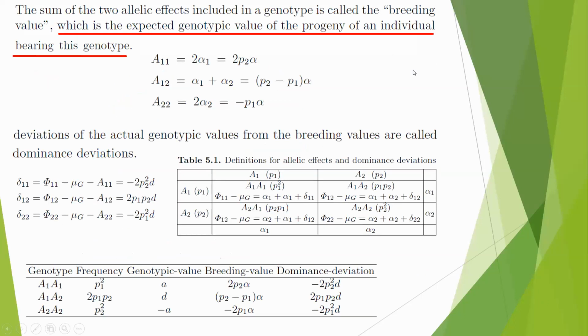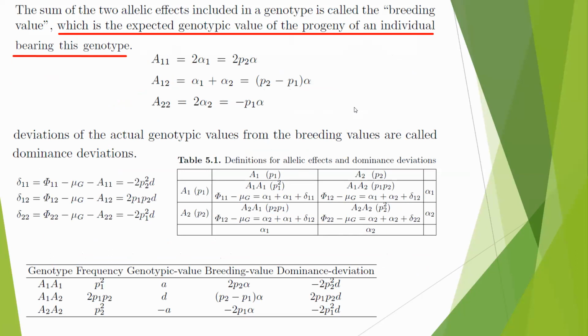Okay, and this table actually summarizes. So in this slide, first we define a very important term in genetic breeding, which is the breeding value, or breeding power here. So A11, A12, and A22, right?